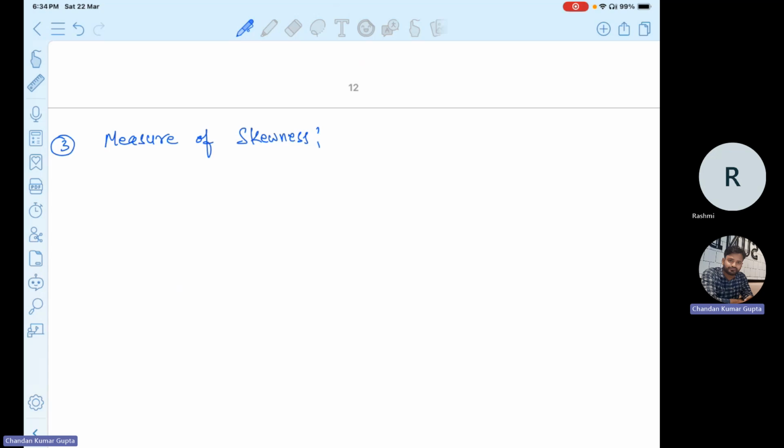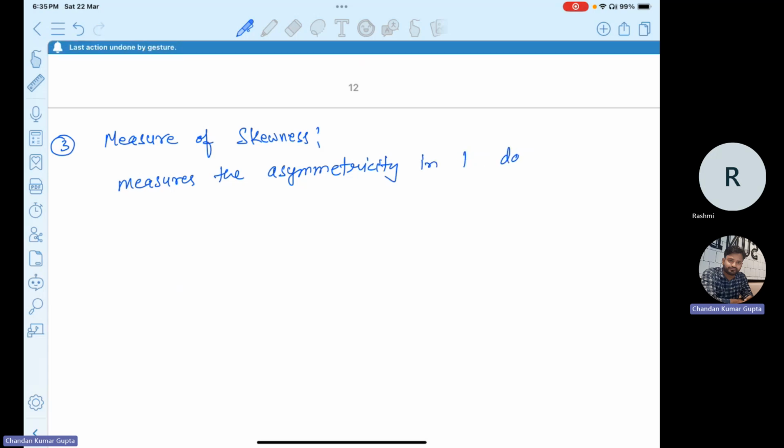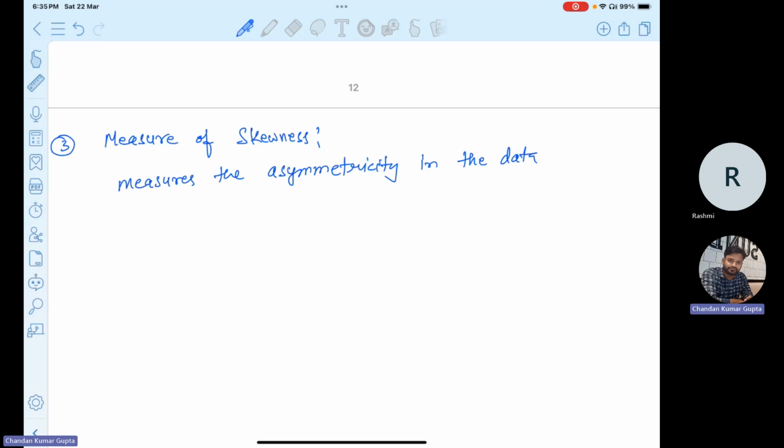It measures the asymmetry present in the data.